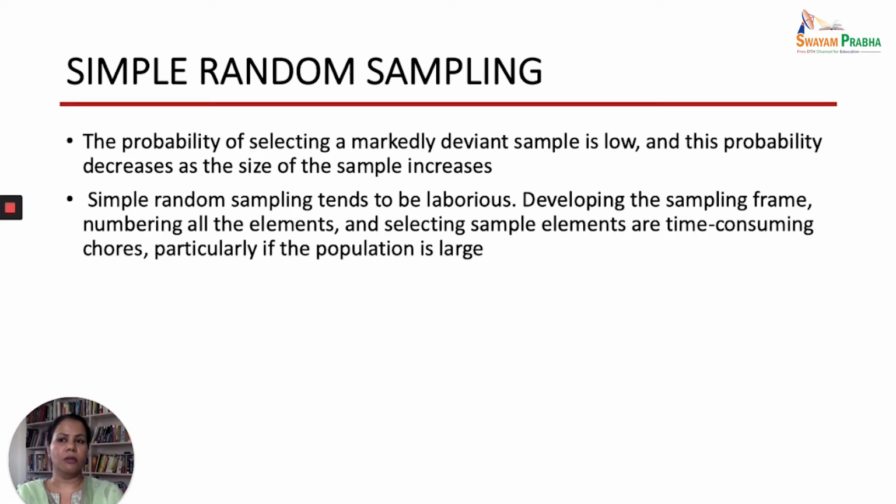If your population is university students, then it is okay, you can get the list of all the university students easily. But if you are talking about a general population of a village or of a state or of a city, sometimes it is very difficult to get a sampling frame or listing of the subjects of the population.